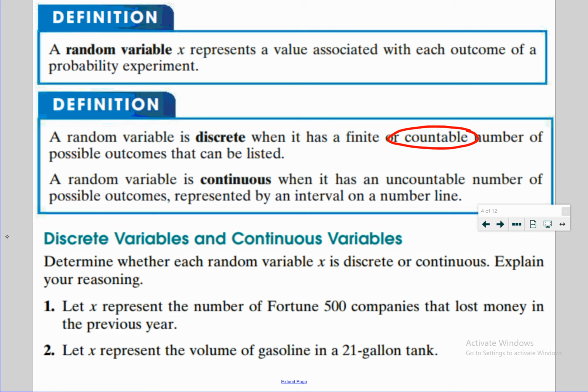Let X represent the volume of gas in a 21-gallon tank. Is that something that is countable? When you fill up your gas tank, does it go from 0 to 1 to 2 to 3? Does it jump over values, or is it continuously filled? It's continuously filled, right?